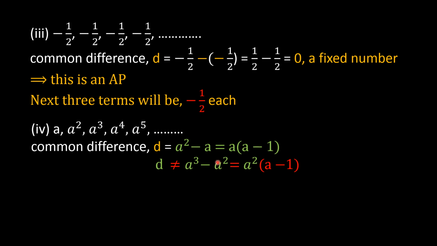After taking a squared as the common factor, we get a squared times a minus 1. Now we will use the fourth term and the third term to find the common difference. It gives us a to the power 4 minus a cube. After taking a cube as the common factor, we get a cube multiplied by a minus 1.